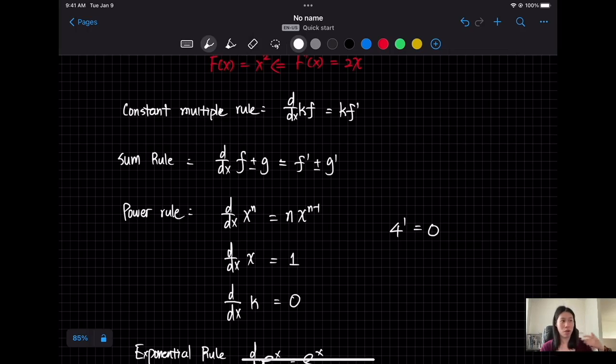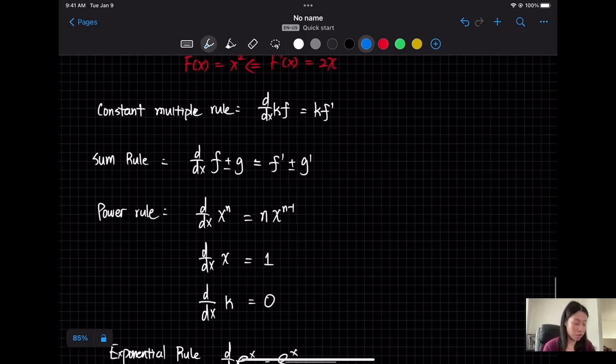Okay, so for antiderivative, what does the constant rule look like? I'm going to write it next to it so you can compare these two. For antiderivative, remember our notation is going to be the integral of k f(x) dx. You can also pull the k out and just do the antiderivative of f.